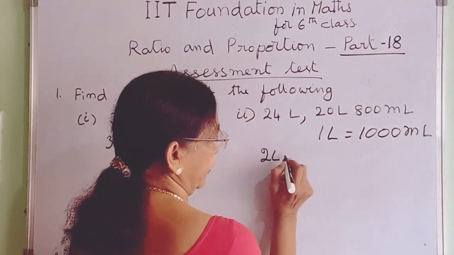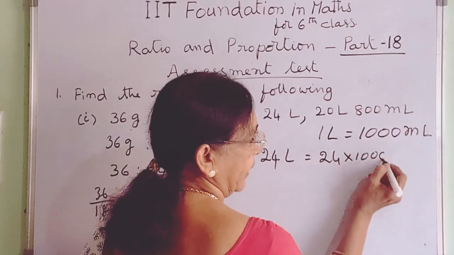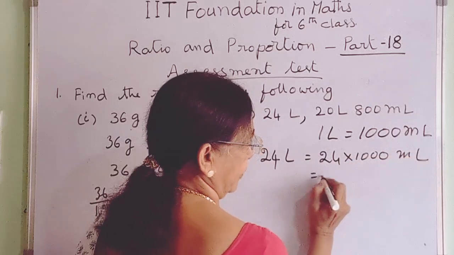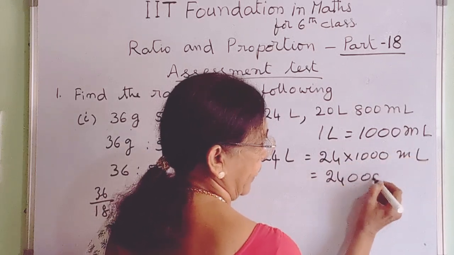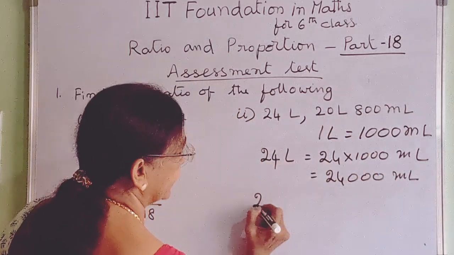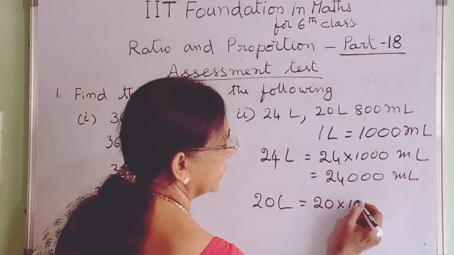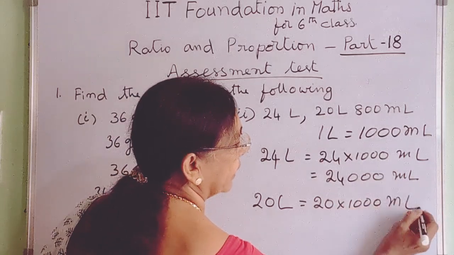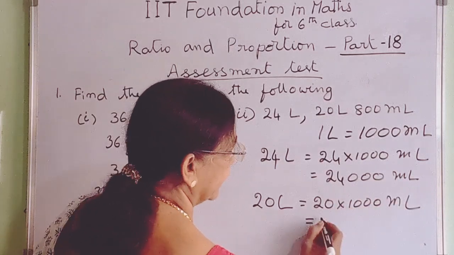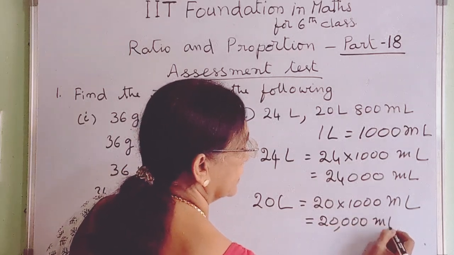Therefore 24 liters is equal to 24 into 1000 milliliters or 24,000 milliliters. And the second one is 20 liters, which is equal to 20 into 1000 milliliters, that is equal to 20,000 milliliters.